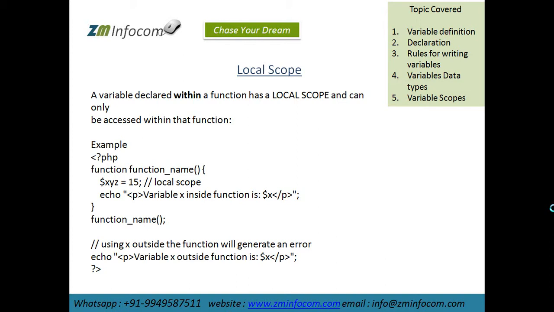So vice versa for local variables: a variable declared within a function has a local scope and can only be accessed within that function. So if we go by the definitions, it is very clear that the declaration should be inside the function and it should be called inside the function. So we are going to see this in a running example.